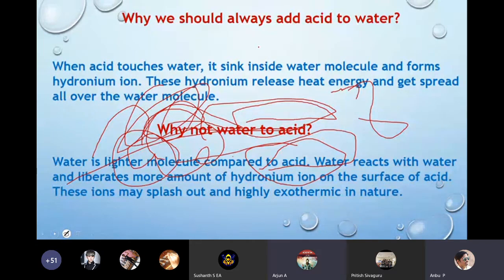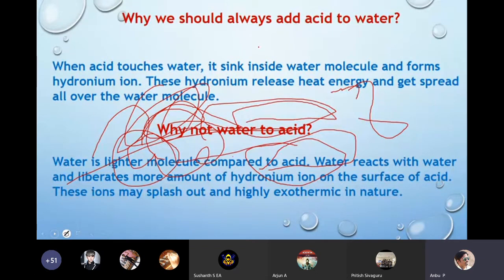It is a good question. But organic acids will not release much heat energy. Remember that, depending upon the strength of the acid. Strong acids are highly exothermic in nature, no doubt. But when you are diluting lemon juice and so on, it is not much exothermic. Since organic acids are weak acids, they do not form powerful hydronium ions and they will not release much heat energy.